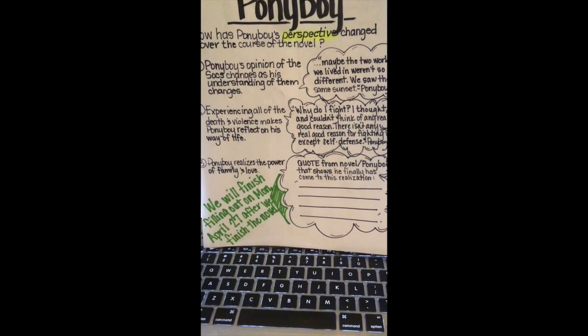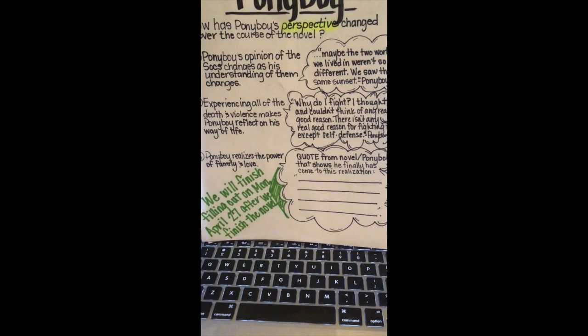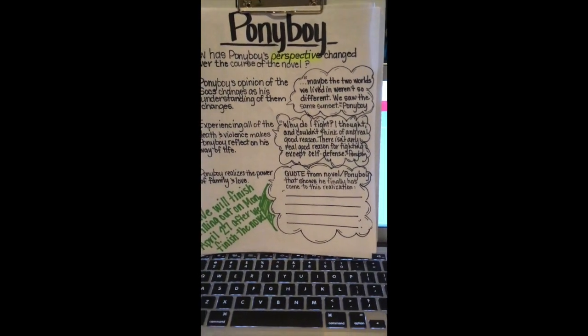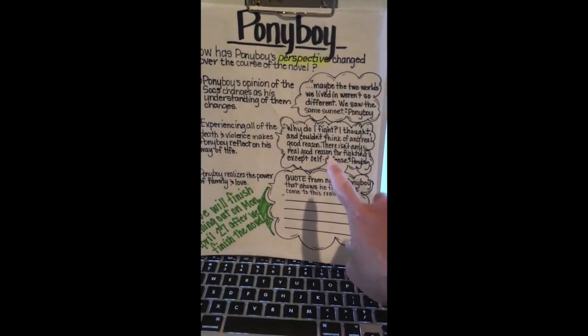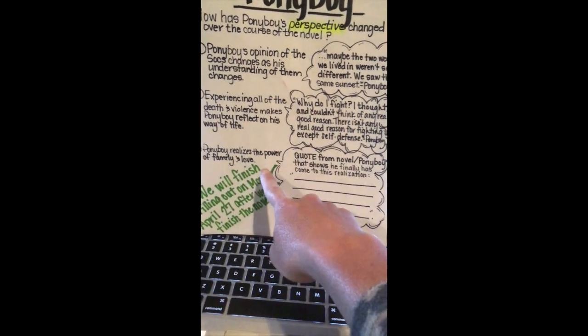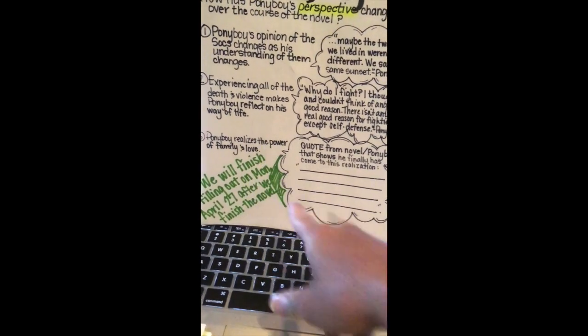And then the third way, Ponyboy realizes the power of family and love. So we're going to wait until we finish reading the novel before we fill out the quote that shows how he is beginning to change his perspective on the power of family and love.